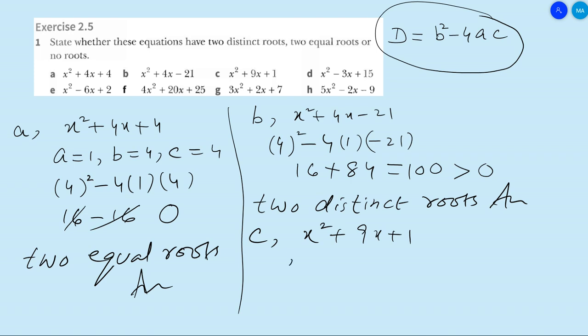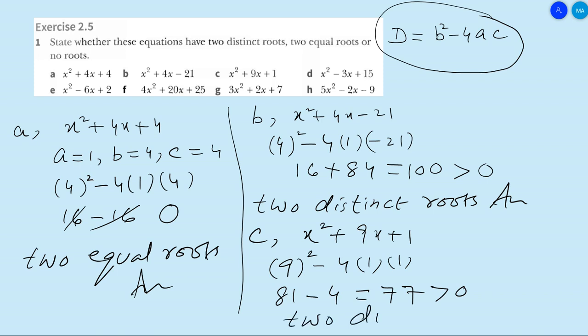Discriminant is b square, 9 square, minus 4ac. 9 square is 81. 4 ones are 4. 81 minus 4 is 77. And 77 is greater than 0. Then our answer is two distinct roots.